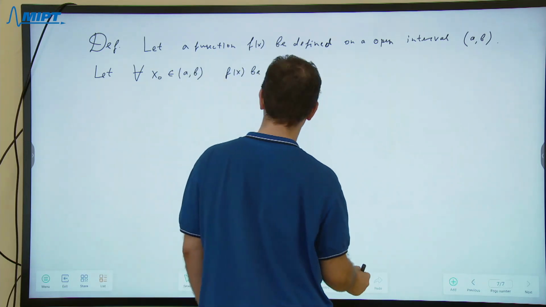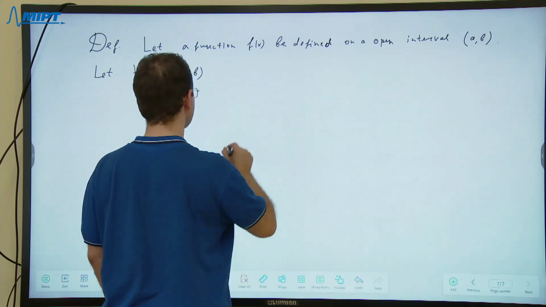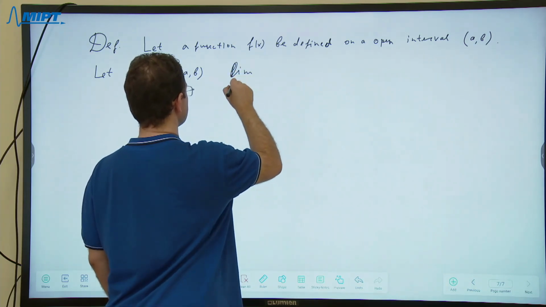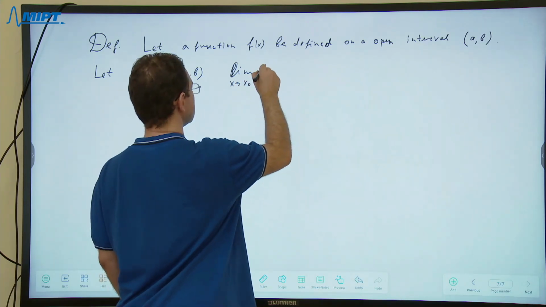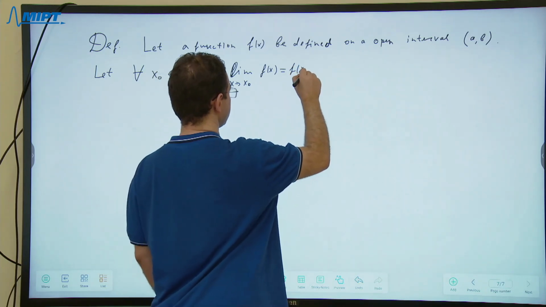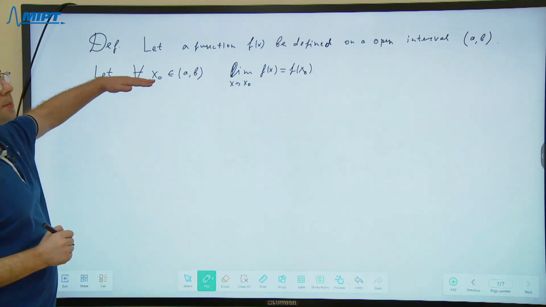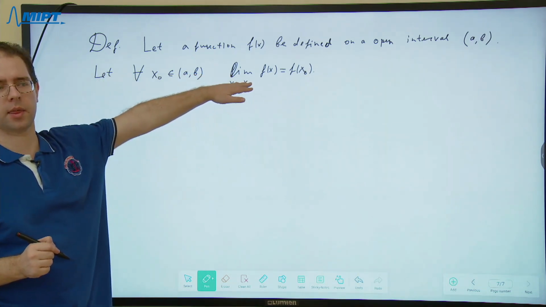Let's write it differently. So, limit as x tends to x0 of f of x equals f of x0. So at any point on this interval, my function is continuous at this point.